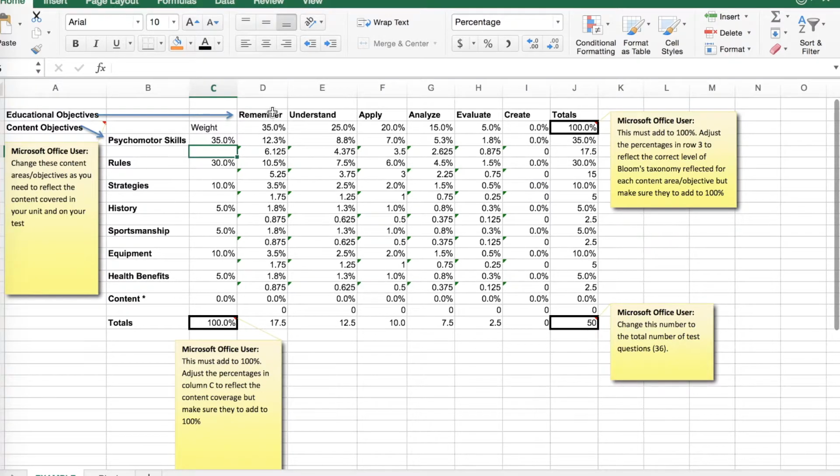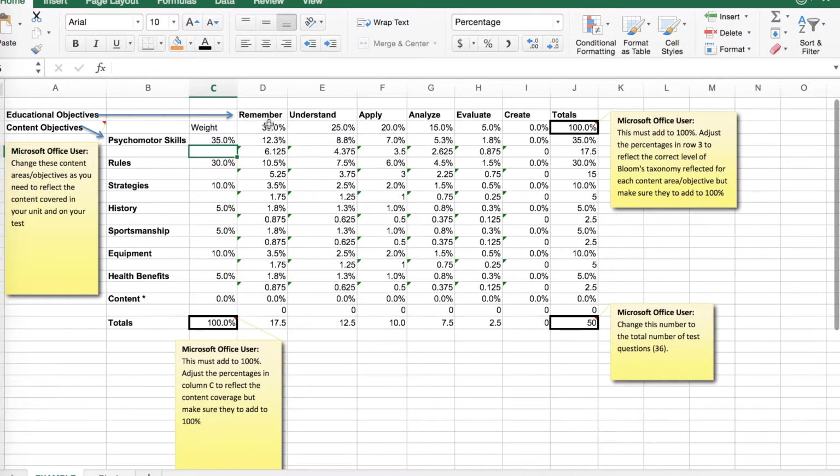Now, this is Bloom's taxonomy categories, and we have decided that we want 35% of remember, 25% understand, 20% apply, 15% analyze, and 5% evaluative.